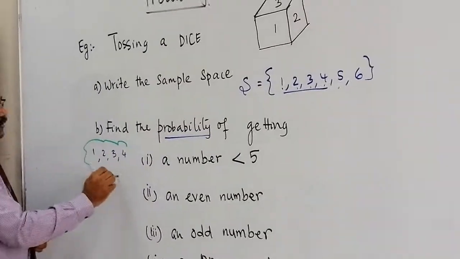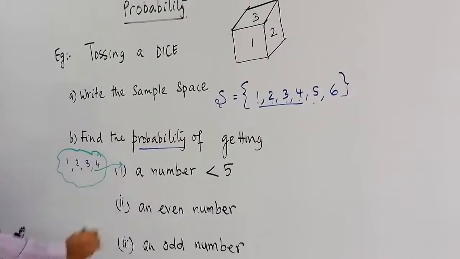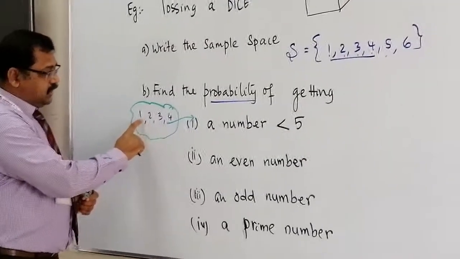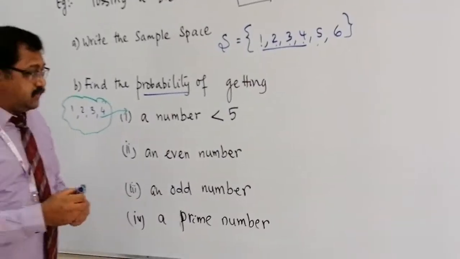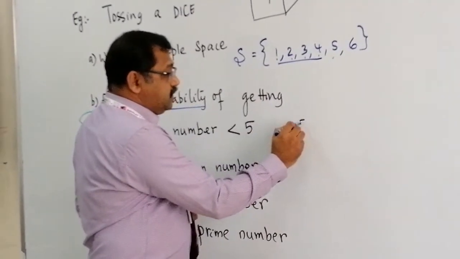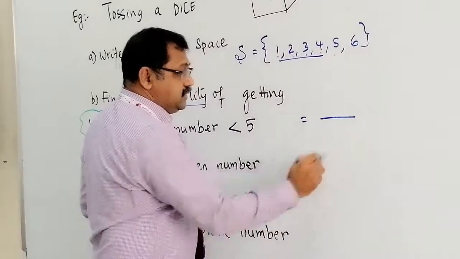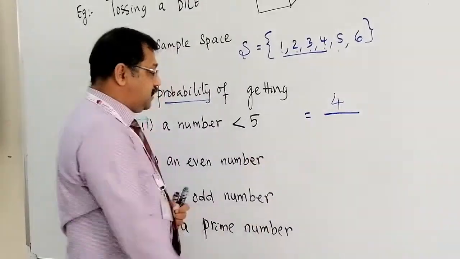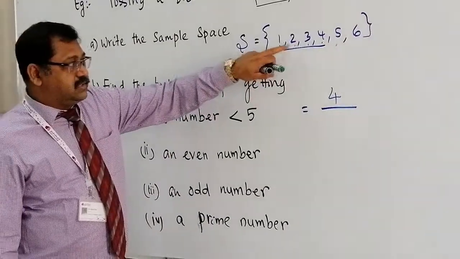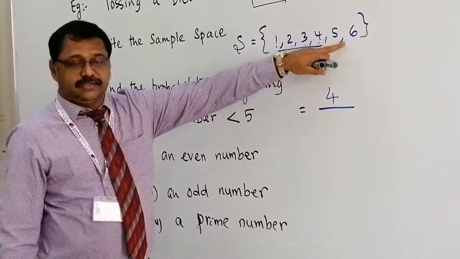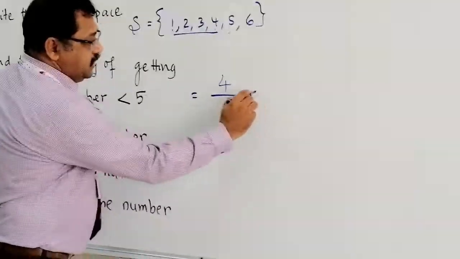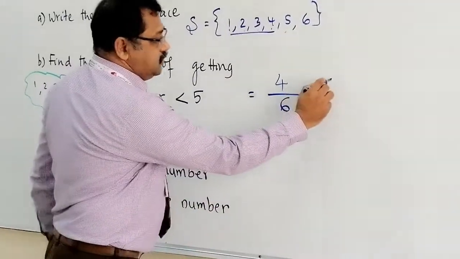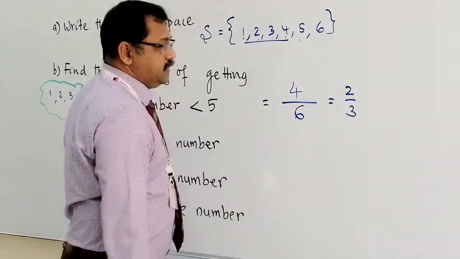So here 1, 2, 3, 4 numbers are there, which are the favorable chances. So probability we can write as the favorable chances are 4 divided by the total numbers in the sample space. There are 6 numbers. So 4 divided by 6, or you can simplify this as 2 divided by 3.